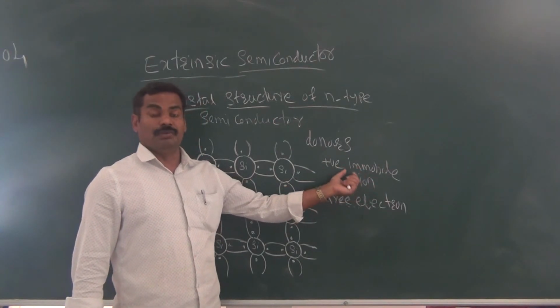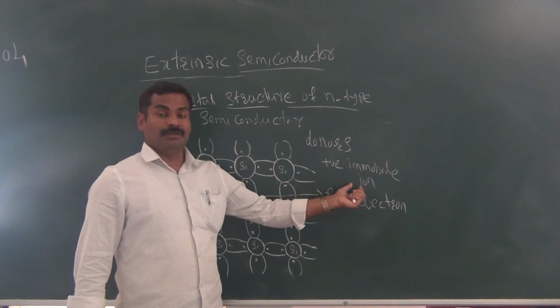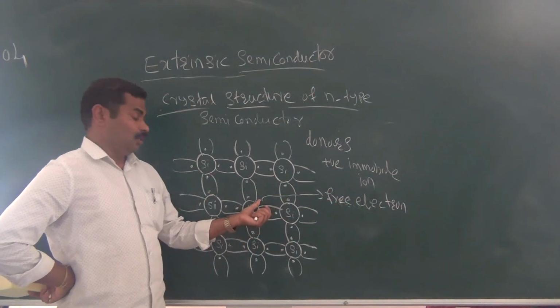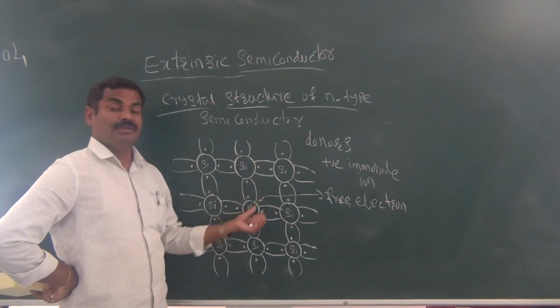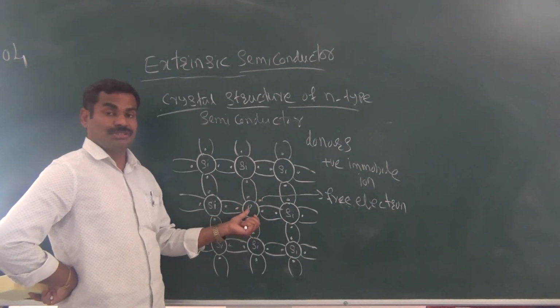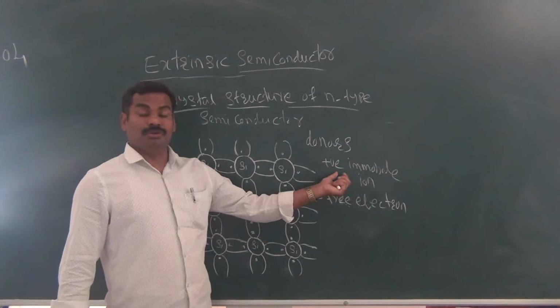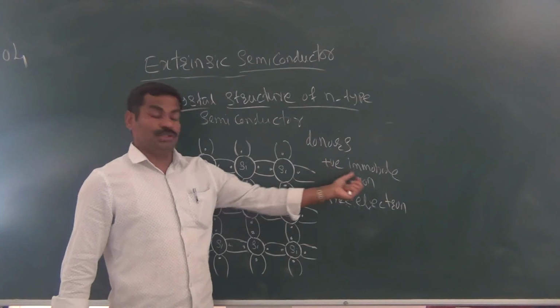It is also called a positive donor ion. As we know, the phosphorus gives an extra electron, so the phosphorus atom acts as a positive charge, a positive immobile ion.